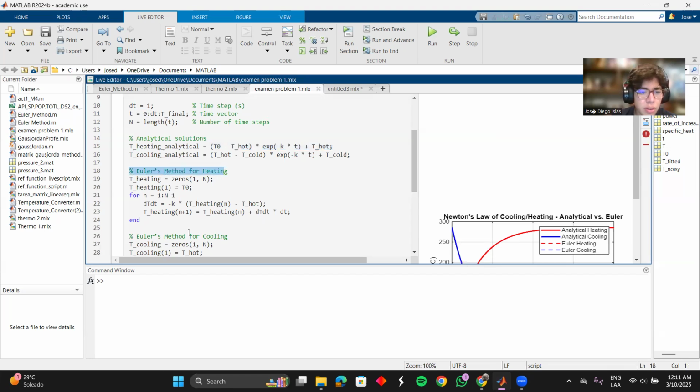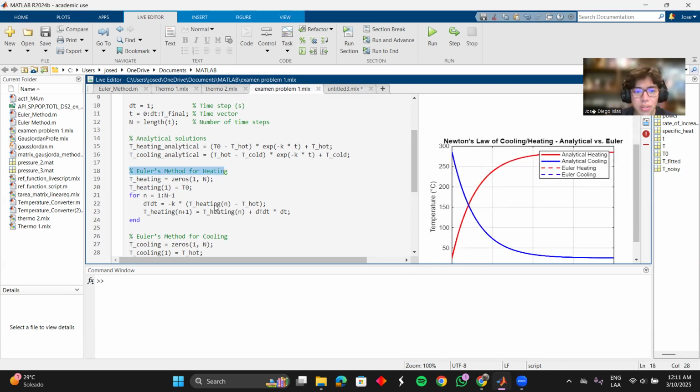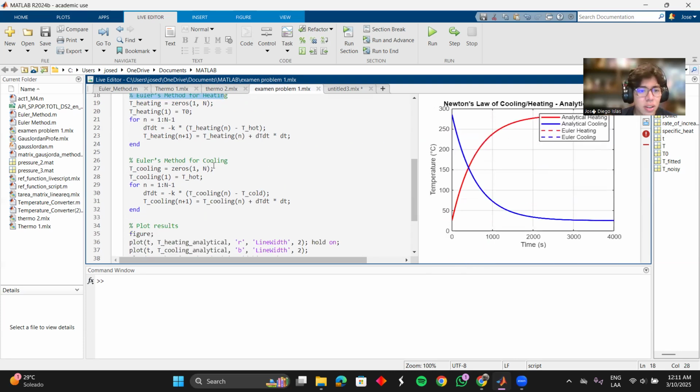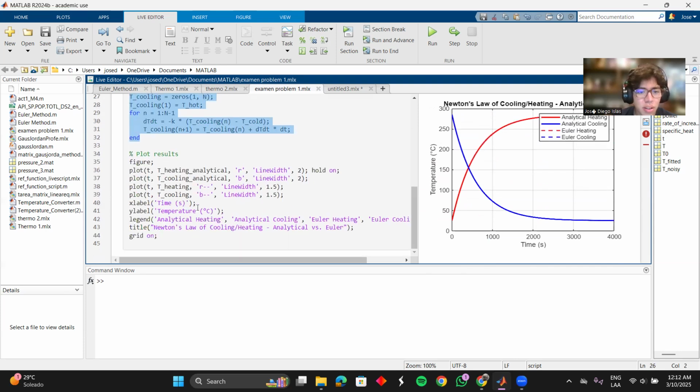So yeah, this is pretty much stating some parameters for the graph later. And this is the part of the cooling. So we have the other formula that we made, and this is pretty much the plot scene.